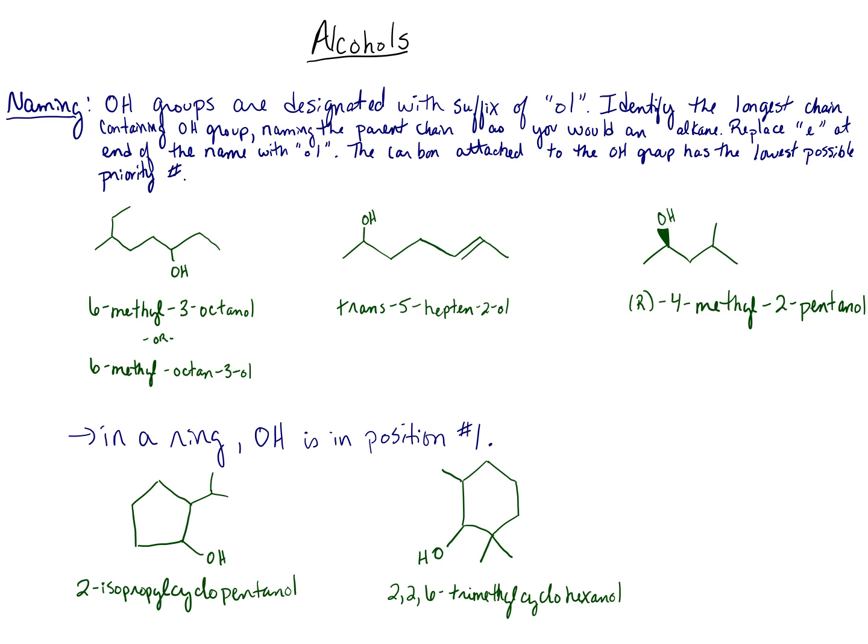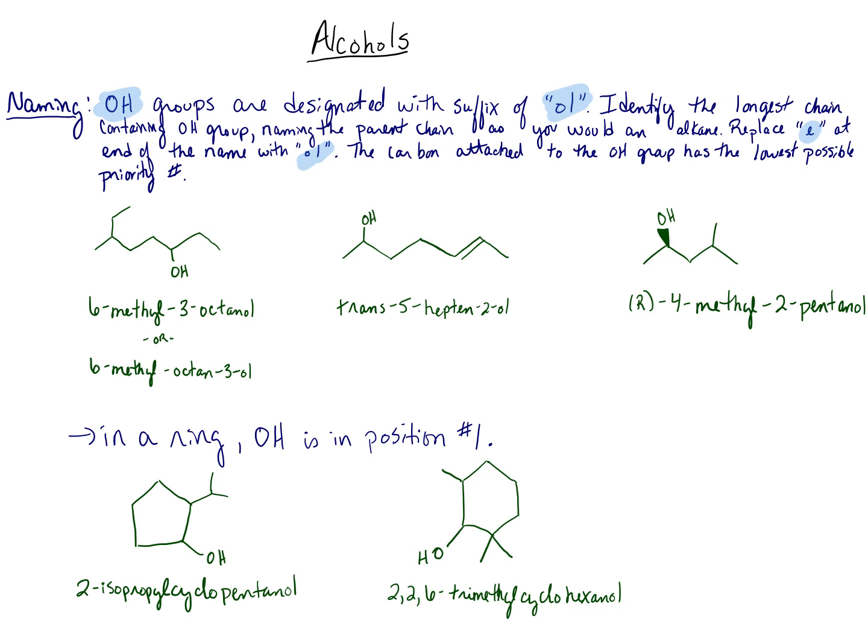Okay, so OH groups, that's what an alcohol is, as most of you should know by now, are designated with the suffix of OL, suffix being the end of the word. So what we do is we look for the longest chain. You would name that just like you do the alkane, and then replace the E at the end with OL.